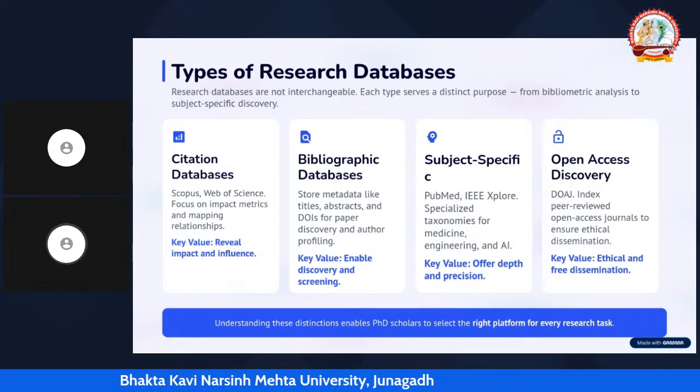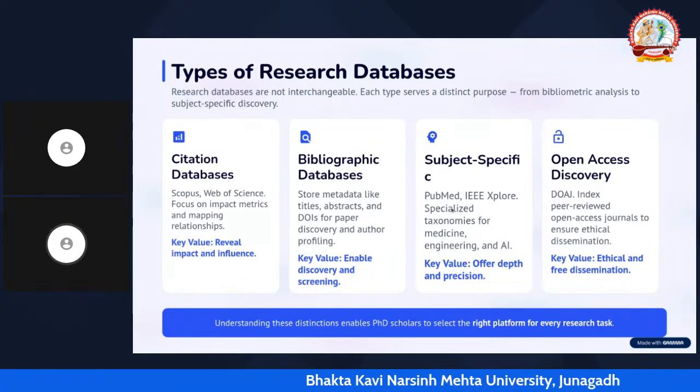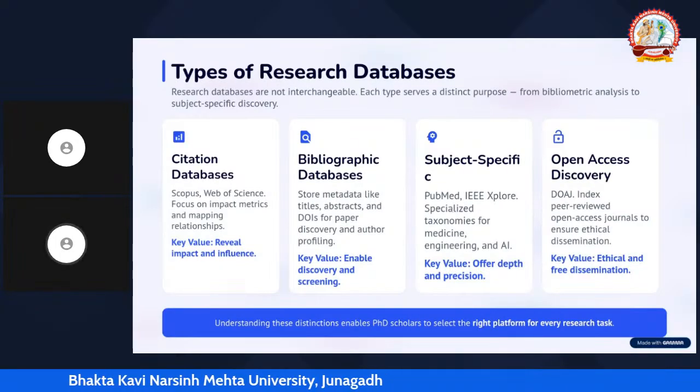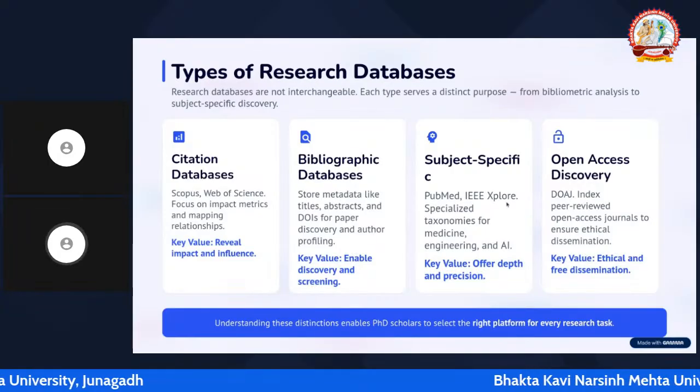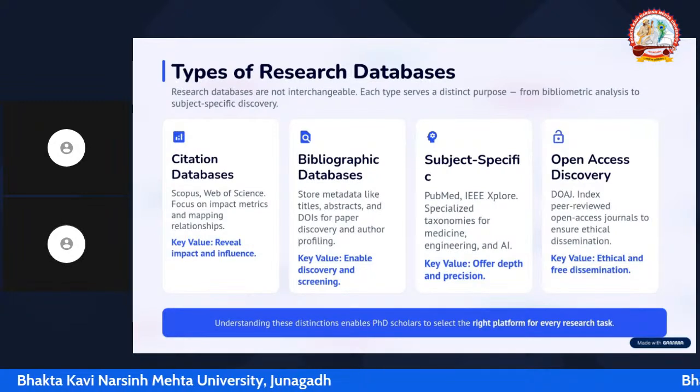Subject specific database, PubMed, as you can see here, the third one. These are journals that can be used for a specific data set. IEEE Xplore is used for specialized data sets for engineering, and if you want to publish your data with artificial intelligence or machine learning, you can approach IEEE Xplore.